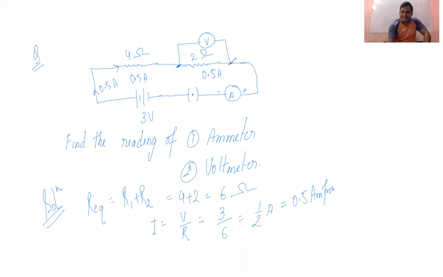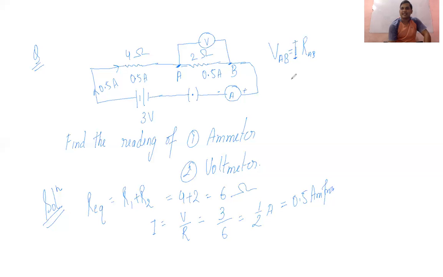So you can see these are the points, let's say A and B. Whatever potential difference there is across AB by this way or this way will be the same. Using Ohm's law, the potential across AB is I into R of AB.